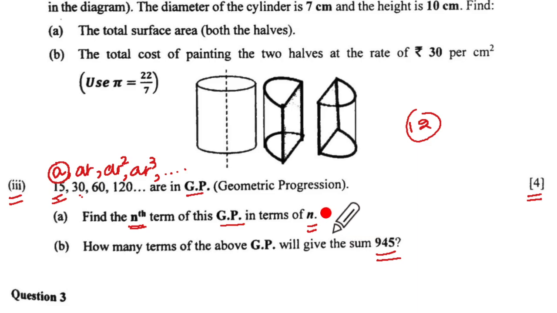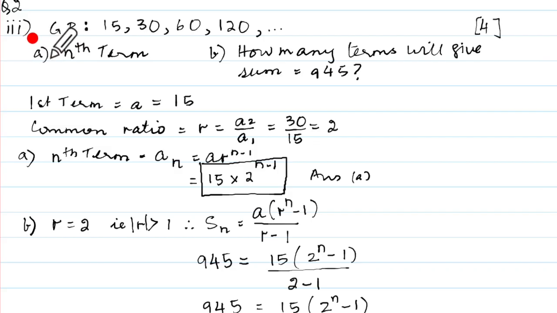Here it will be 2 marks per subpart. So A will be for 2 marks and B will be for 2 marks. When we write the solution in the paper, we must write the GP the way it is given and also write what they are asking us to find the way we read it. Then we will write the first term is A, which is 15. We write that. And the common ratio, which is represented by small r, will be A2 upon A1. That is 30 upon 15, which is equal to 2.